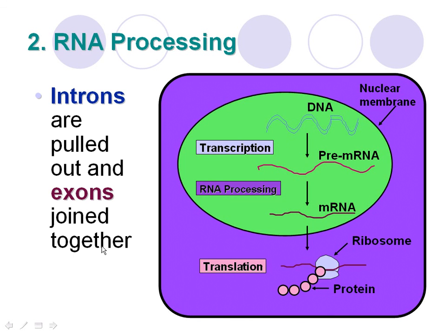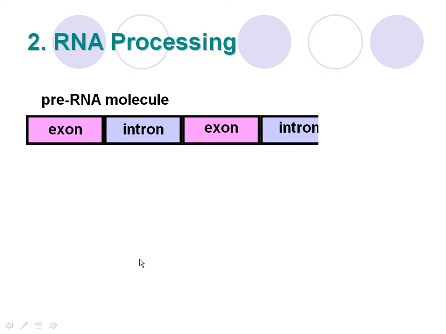And those introns will actually have to be removed in order for us to produce a functional messenger RNA. Once we remove the introns, the exons will be joined together and form our functional messenger RNA. On the next slide, I'm going to show you the entity that's going to be responsible for helping to remove the introns, and those are going to be your spliceosomes.